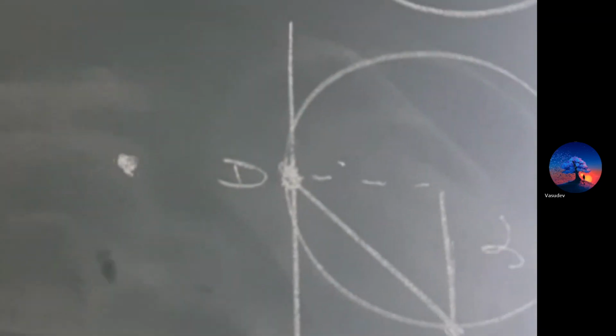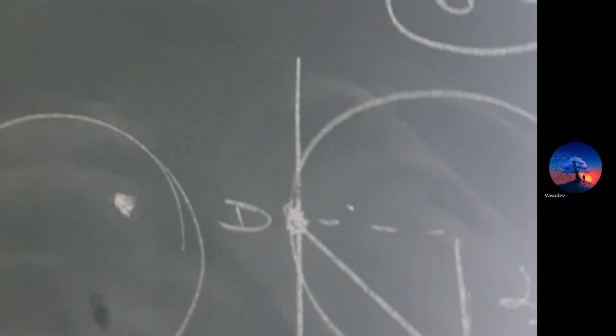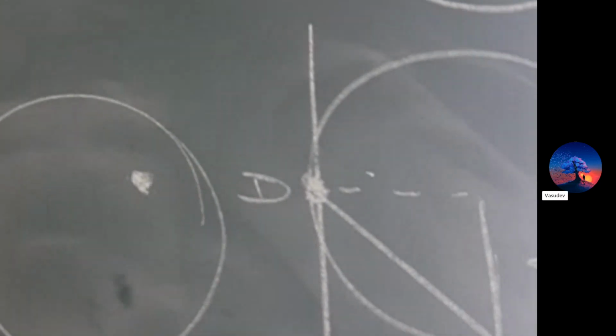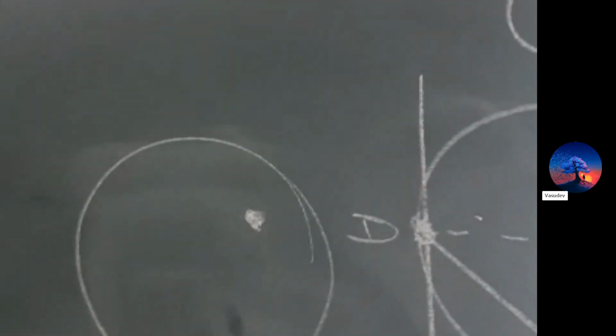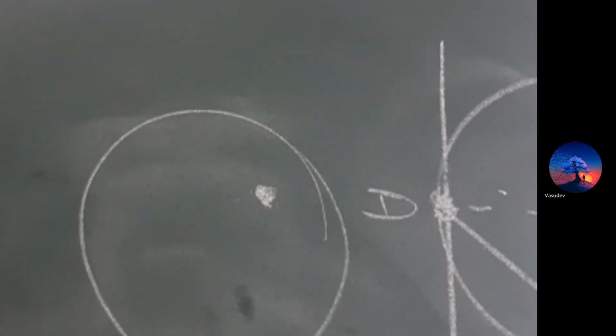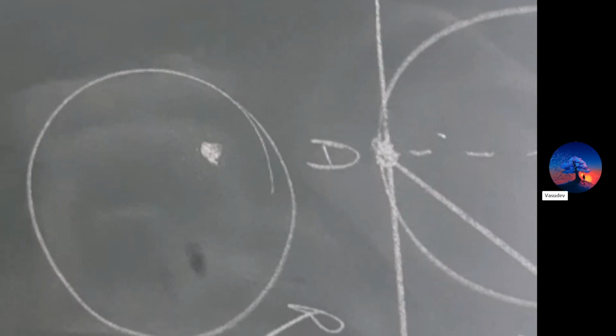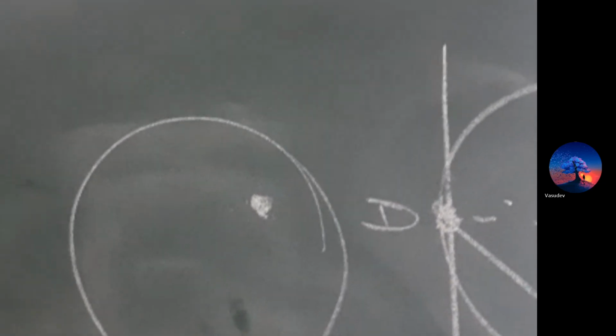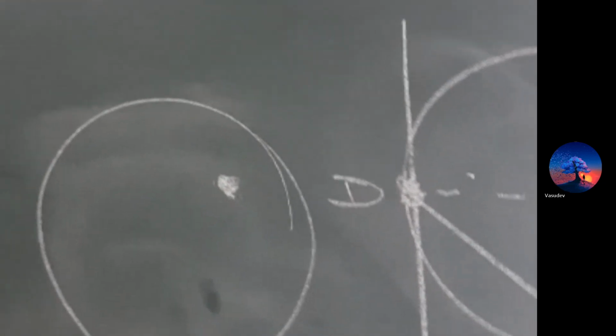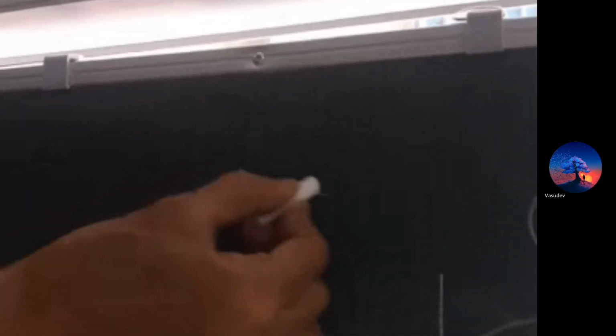There is a circular loop of resistance capital R, which is rotated by 180 degrees about one of its diameters.